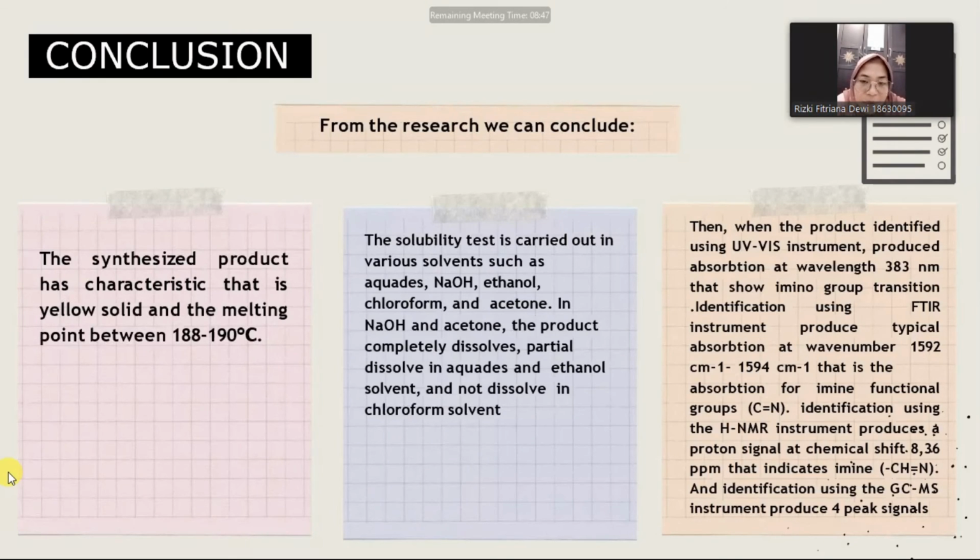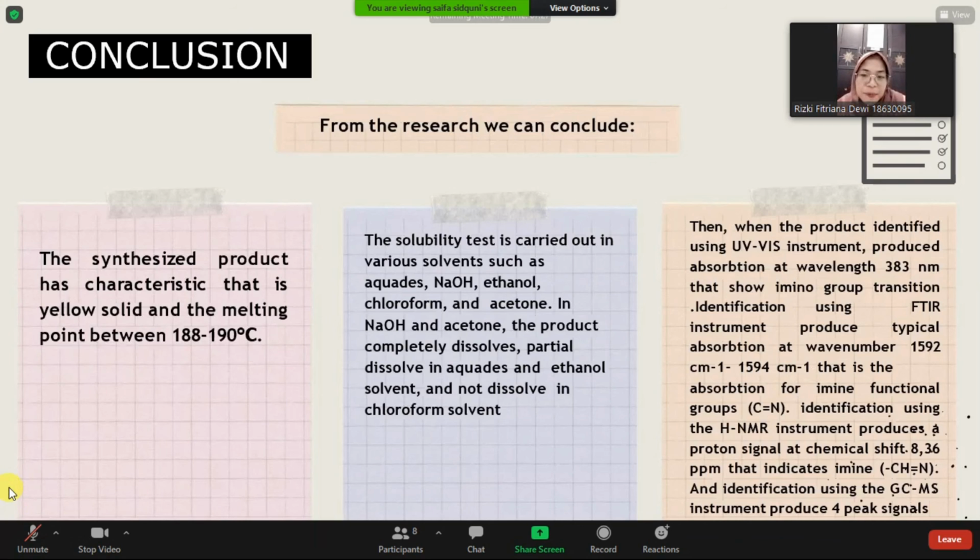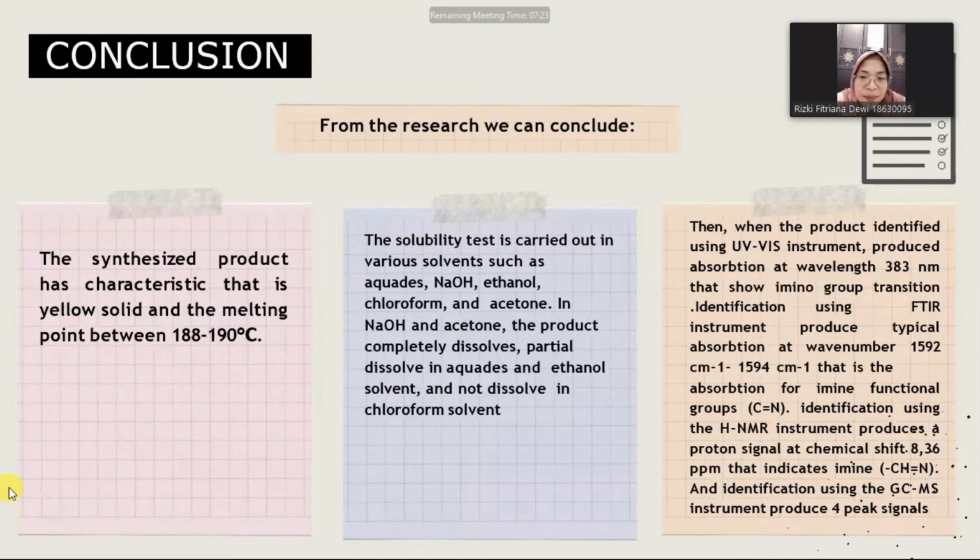Then, when the product is identified using the UV-Vis instrument, it produces absorption at wavelength 383 nanometers, that shows imine group transition. And then identification using the FTIR instrument produces typical absorption at wave number 1592 until 1594 centimeters inverse.